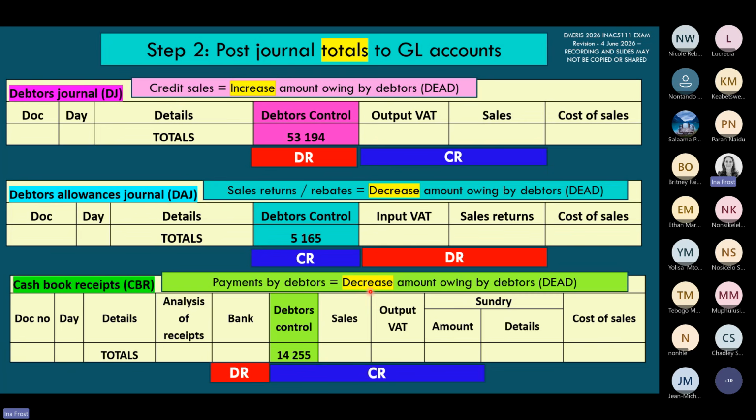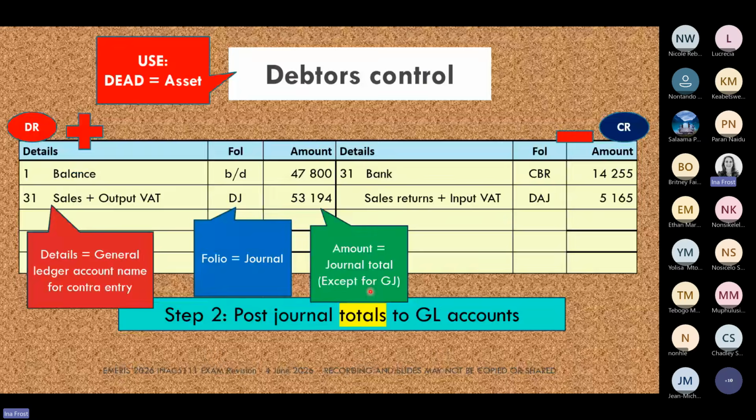So let's have a look now at our debtors control account and have a look at these entries. Here you can see on the debit side I've got the opening balance and the credit sales. On the credit side, I've got payments received from debtors and sales returns. Remember again, your details must give us the contra account name.